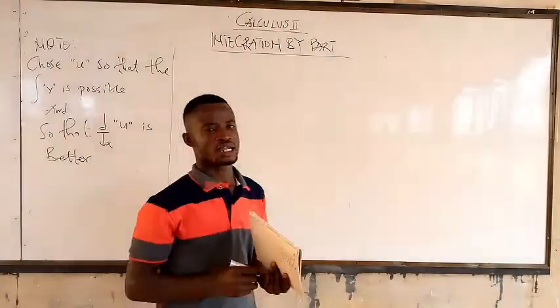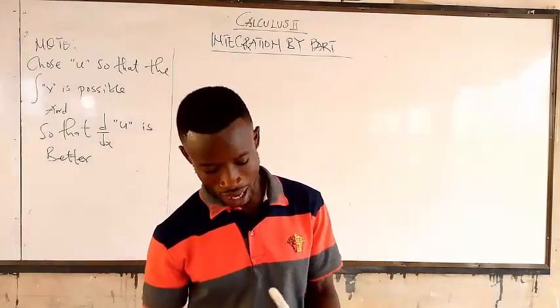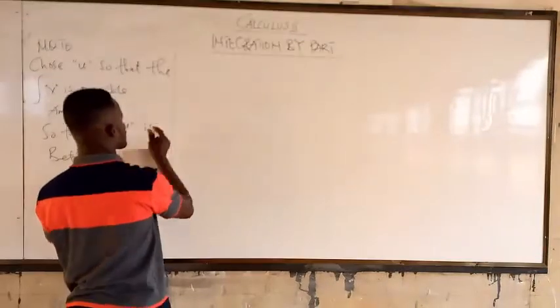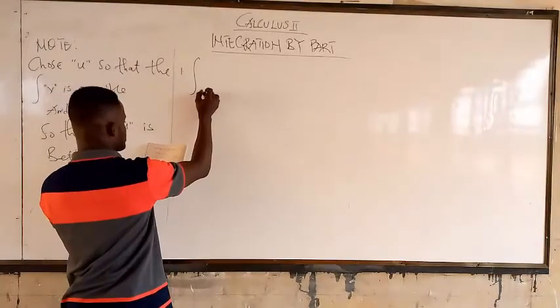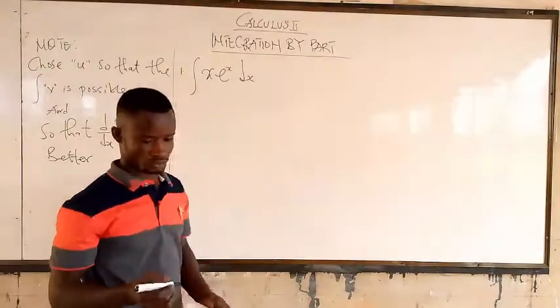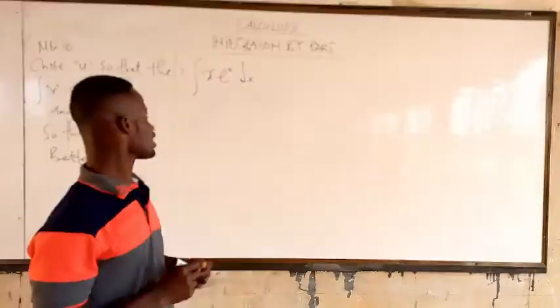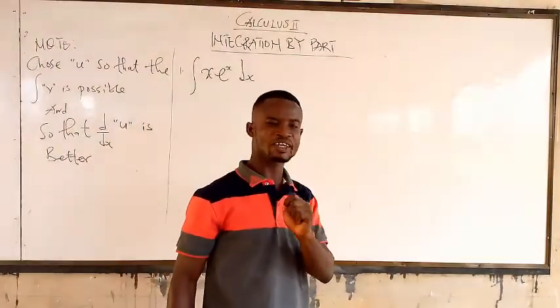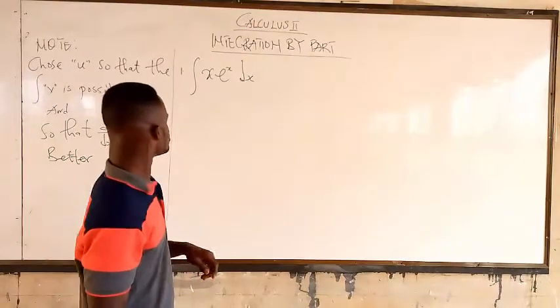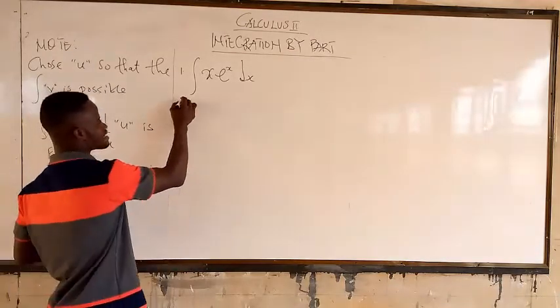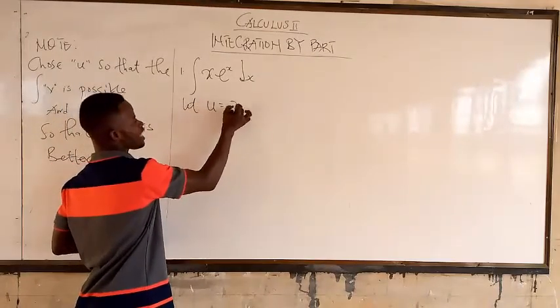Now, let me give you the general way, but I'll give it to you later. Question 1. Integrate x e to the power x dx. When you are given this question to integrate, the first thing to do is to pick your u. Alright? So, here we let u be x.